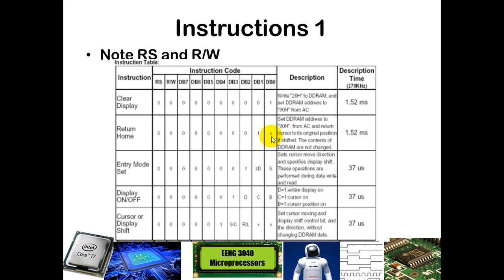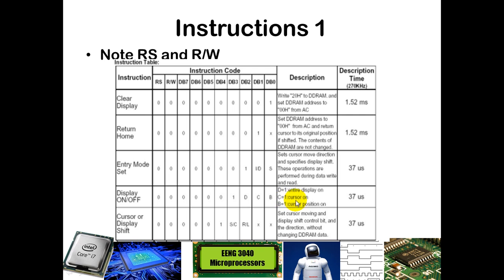Then, to turn the display on or off, you can use this next command you see here. Again, RS is 0, that's an instruction. We're going to write this, and then again the upper nibble is a 0, and then you have 1 with a D, C, and B right here. So D determines whether the entire display is on, and so you generally want that to be a 1.